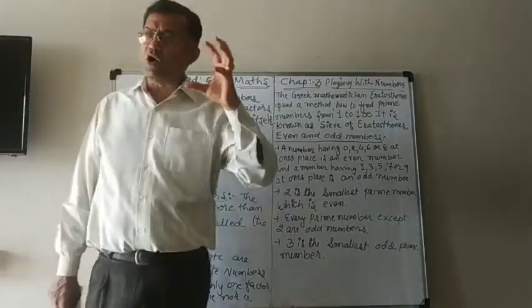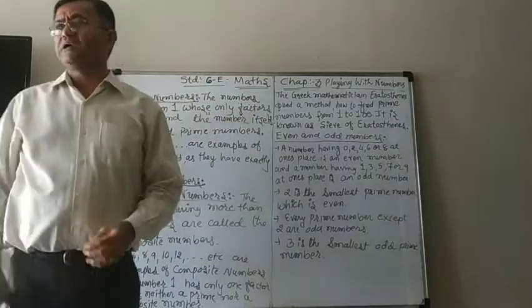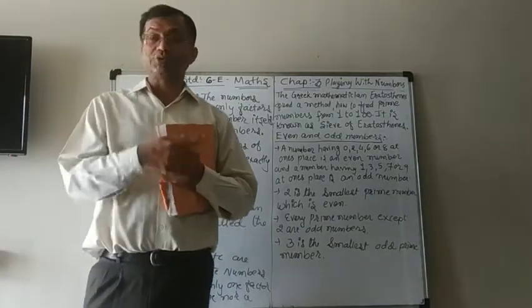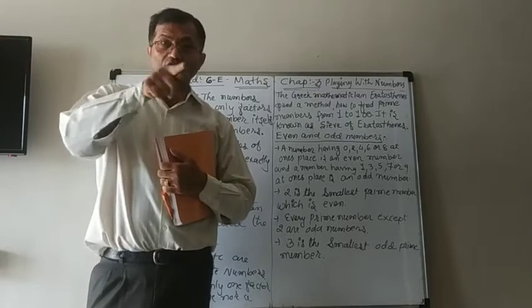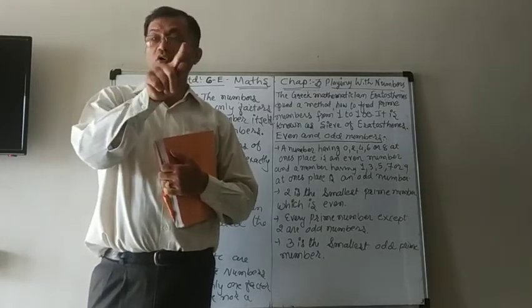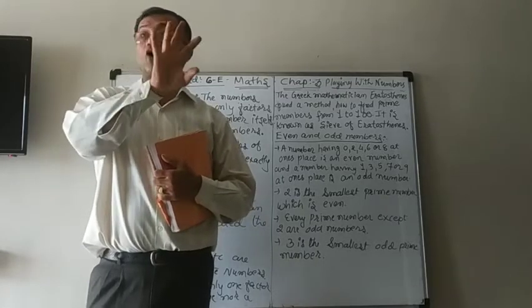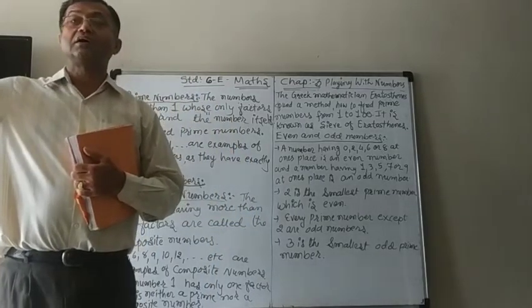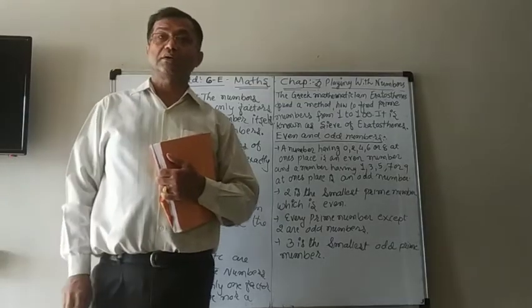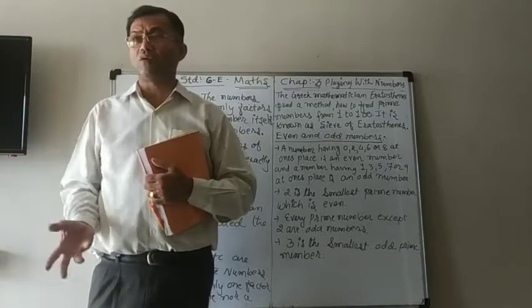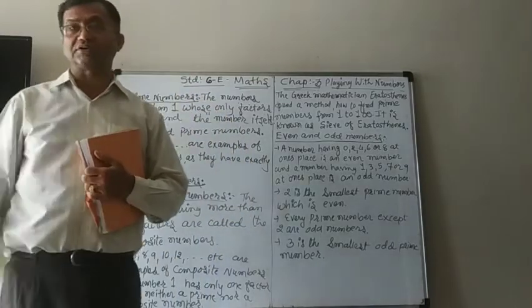Then from all the numbers 1 to 100, he made a circle around those that are multiples of 2. Means he made a circle on 2, circle on 4, 6, 8, 10, 12, all the even numbers, because they cannot be prime, because they will have more than 2 factors.